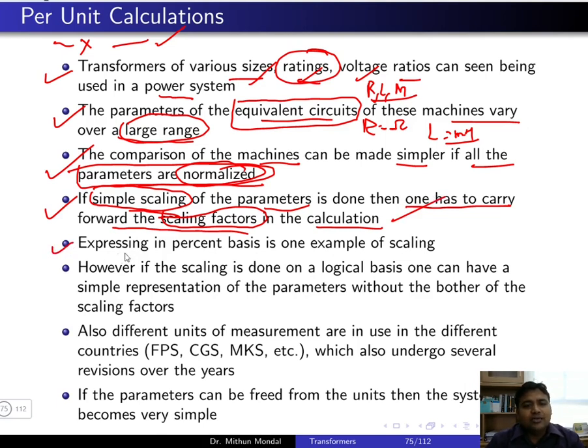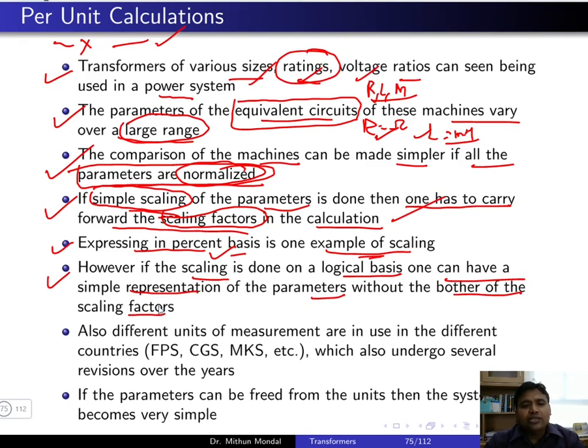So expressing in percent basis is one example of scaling. So when you express any parameter, whether it is a resistance or inductance, in percent basis, then it is an example of scaling. However, if the scaling is done on a logical basis, one can have a simple representation of the parameter without the bother of the scaling factor.